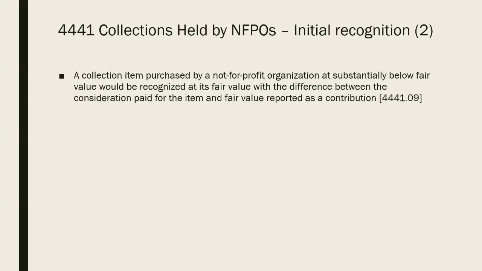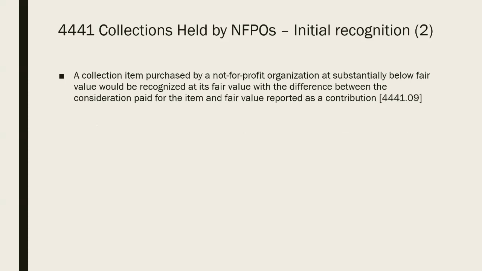If a collection item purchased by a not-for-profit organization is substantially below fair value, the related item should be recognized at its fair value. And the difference between the consideration paid for that item and the fair value shall be reported as a contribution revenue by the not-for-profit.